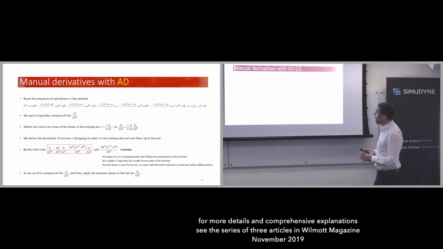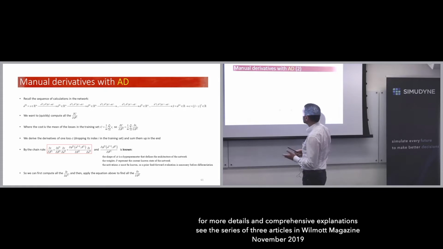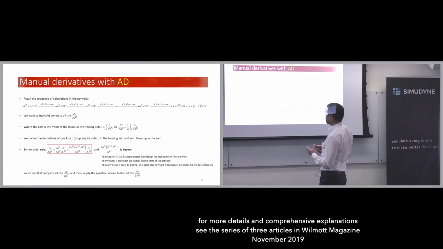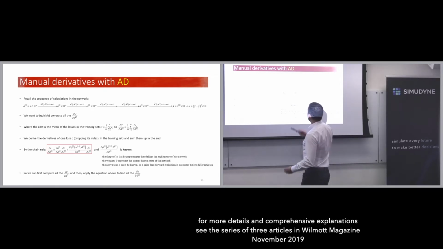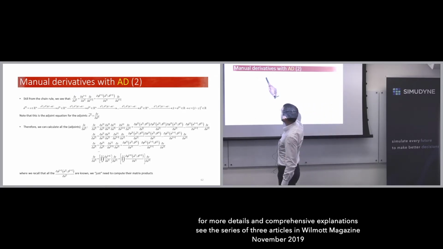So, how are we going to do that? It's still by the chain rule, because my calculation has this neat Markov property that AL is used to calculate AL plus 1, which is then used to calculate AL plus 2, etc. So I can apply the chain rule and say that dC over dAL is dAL plus 1 over dAL times dC over dAL plus 1.